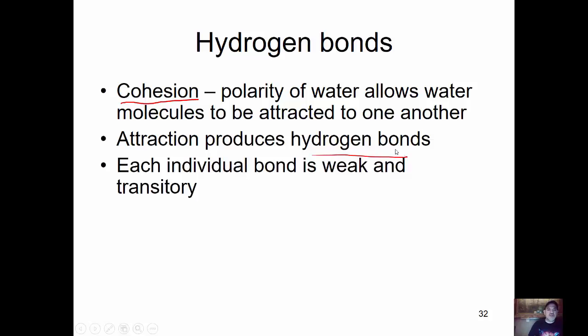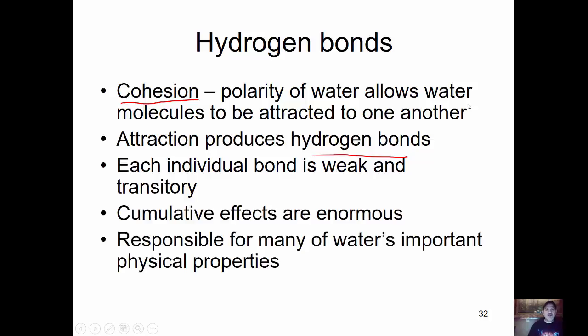Each individual bond between the water molecules is weak, but if you sum up the effects of every water molecule interacting with the other water molecules, the effects can be huge or enormous. This is responsible for many of water's important physical properties that we're going to go over in a bit.